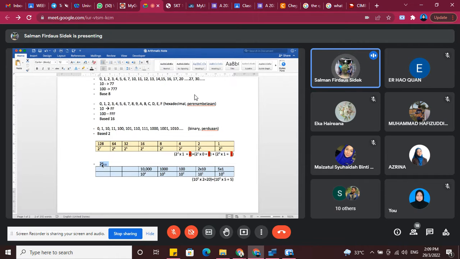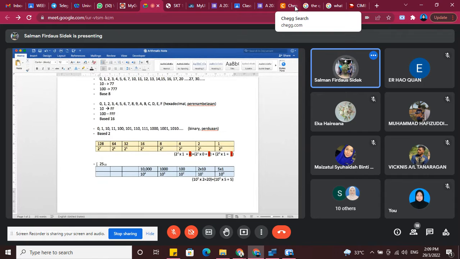We got 25 from the combination of 2 times 10 plus 5 times 1. So 20 plus 5 is 25. That is how we get the value of 2 and 5, 25.